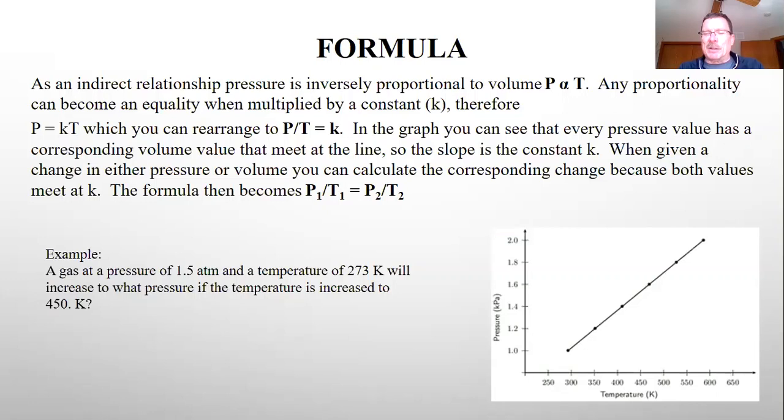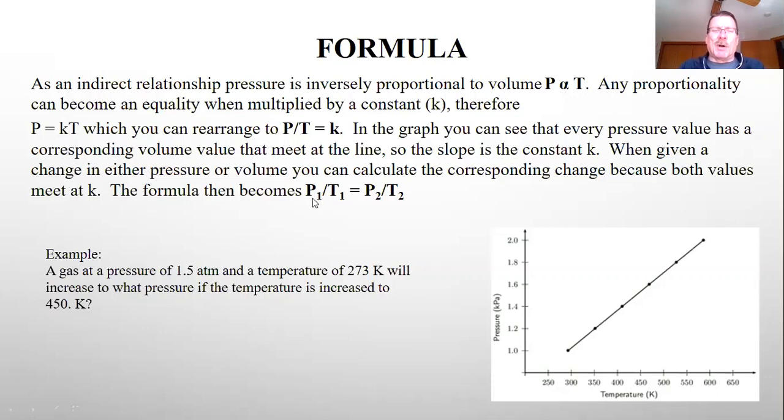Now, just by looking at the graph, and this is a nice thing about gas laws, see if it makes sense. Because we know if the temperature is going up, the pressure should go up. So if you do your math and it doesn't follow what the law says it should do, then you had an error in your math. Okay, so take that pause to think about your answer.